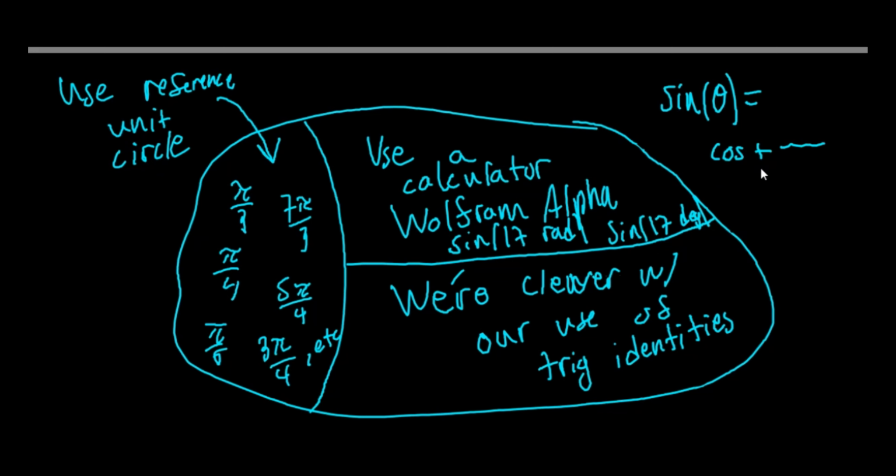We rewrite sine of theta in the form of cosine, sine, tangent, cosecant, secant, or cotangent of angles that do fall into this category.